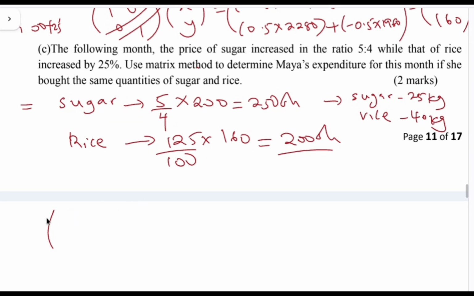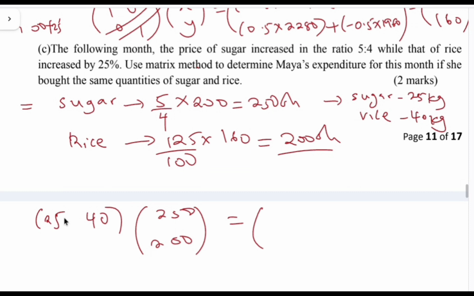Or I can also do this. I'll take the kgs, which is 25 and 40. This is a matrix method. And you multiply by 250 and 200. Okay, mpaka hapo. So 25 times 250, hiyo ni bei ya sukari, plus 40 times 200, hiyo ni bei ya rice.